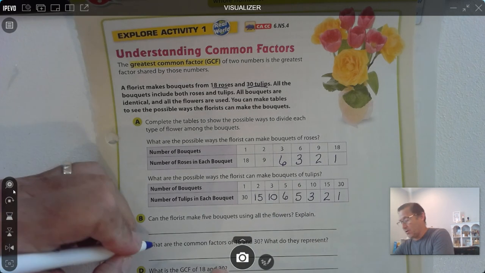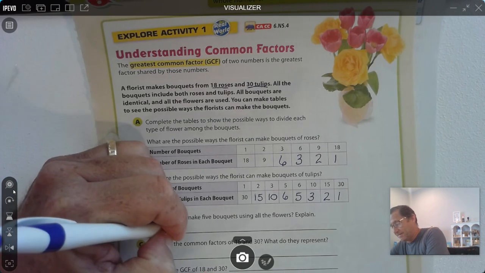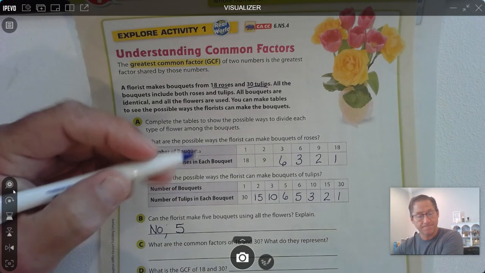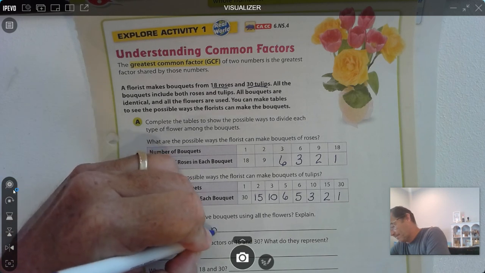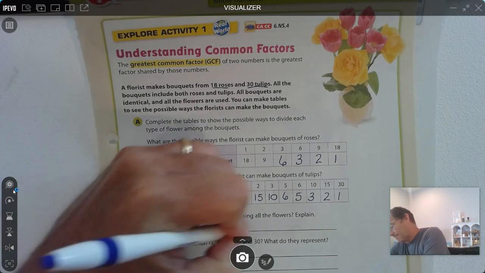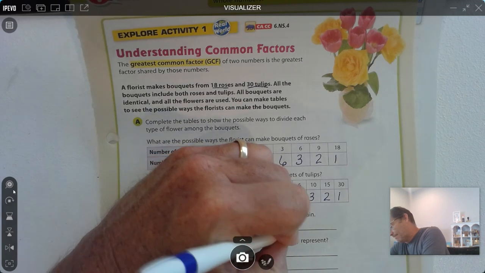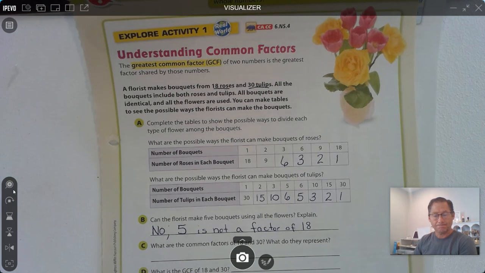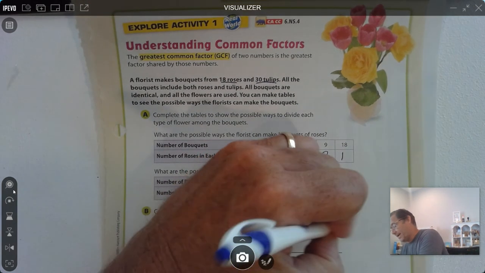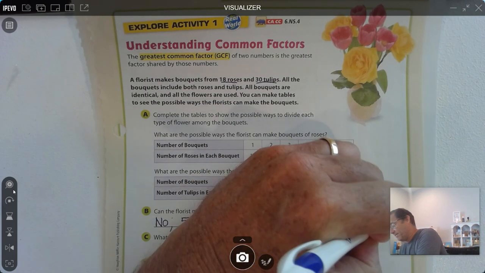All right, so no. 5 is not a factor of both. We could also say 18 is not divisible by 5.